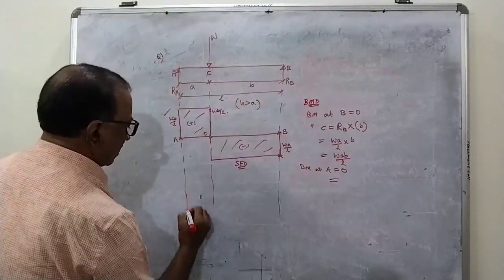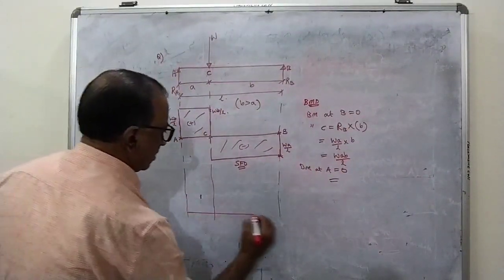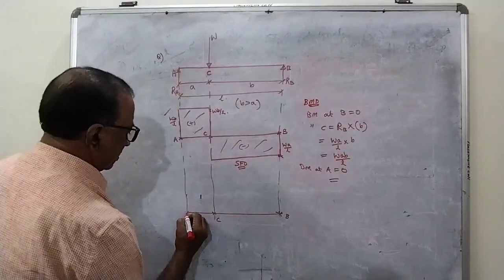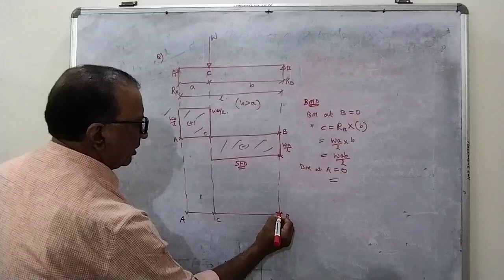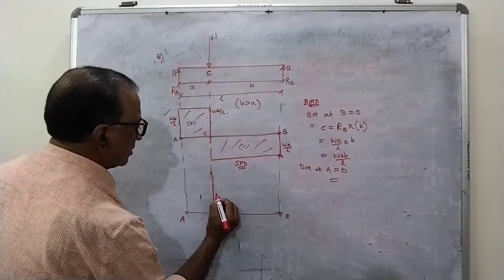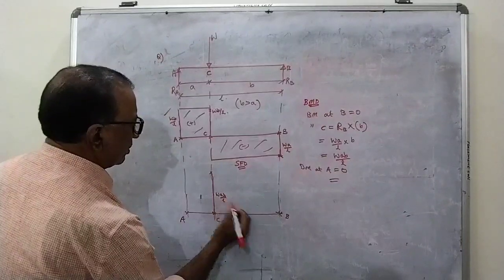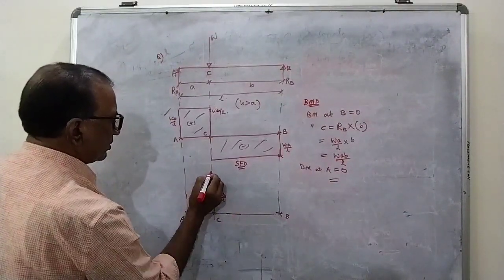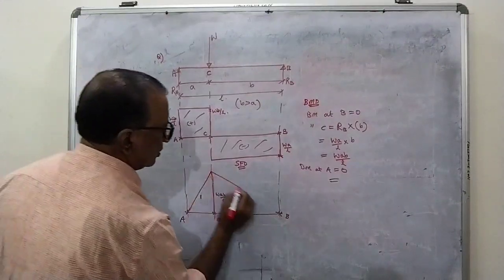So if I draw the diagram, this is B point, this is C point, and this is A point. At B it is 0, at C the height is equal to WAB by L. Here it is 0, join these two.